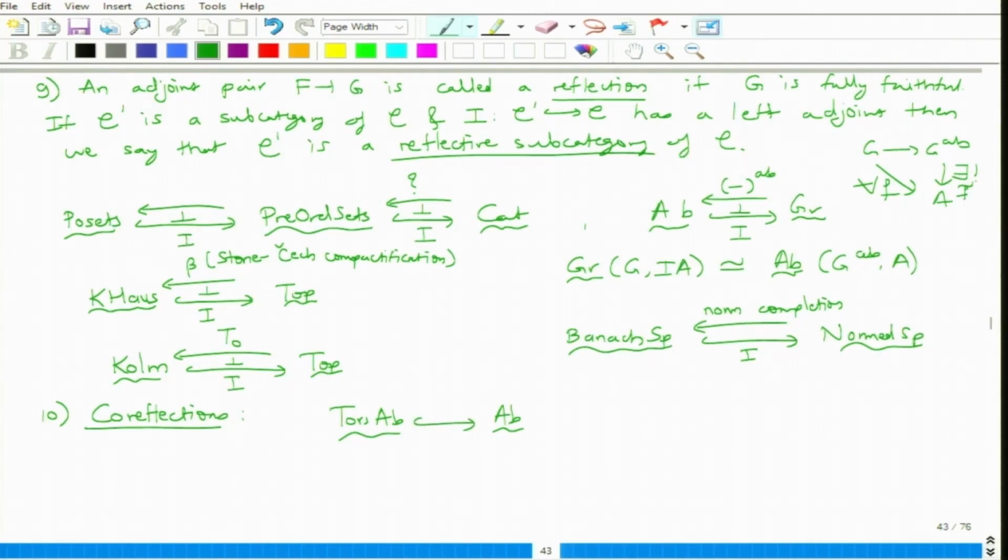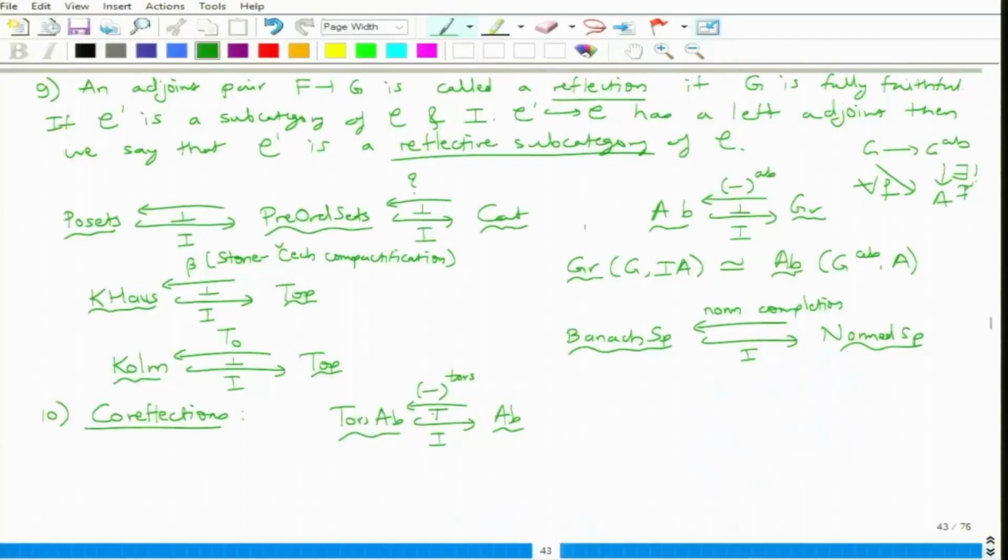But in the reverse direction, given any abelian group, you can always take its torsion subgroup. Because we are not talking about a quotient here but a sub-object, that inclusion functor has a right adjoint and not a left one.